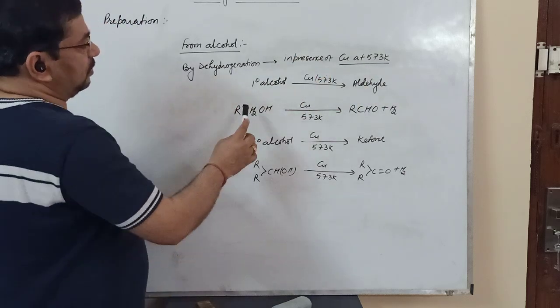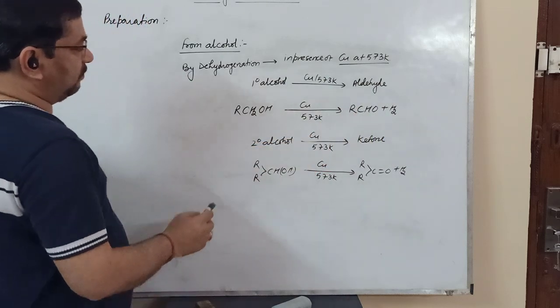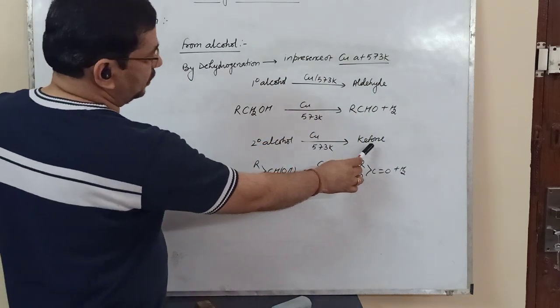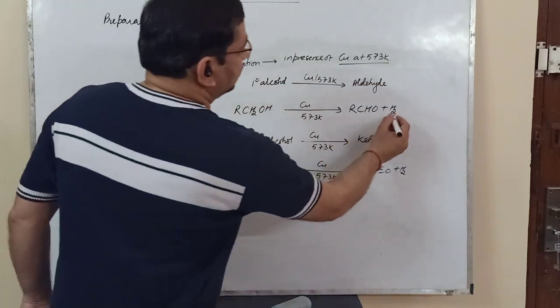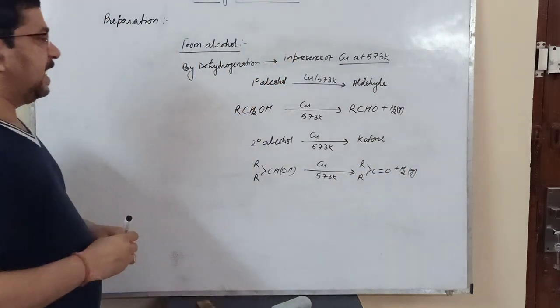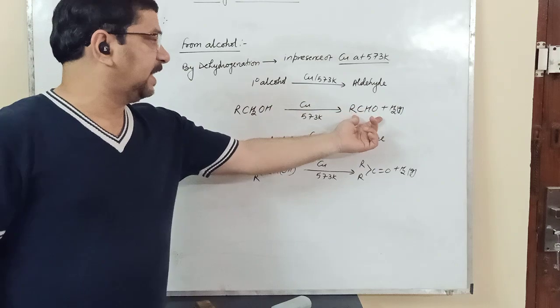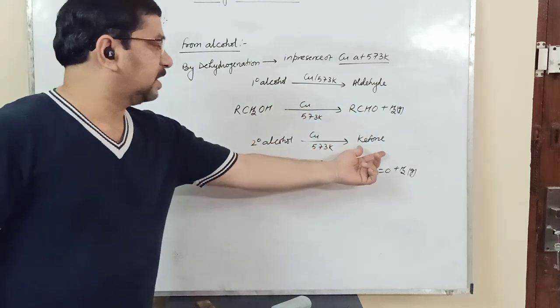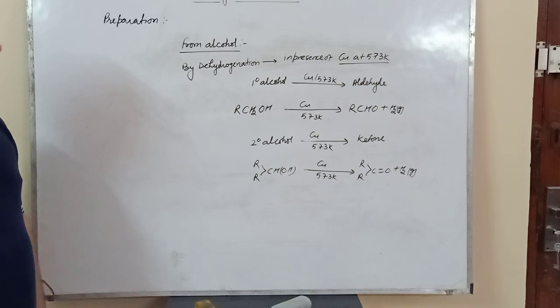In this also 1-degree alcohol gives aldehyde on removal of hydrogen, while 2-degree alcohol gives ketone. So we obtain aldehyde as well as ketone by dehydrogenation. This is the dehydrogenation of alcohol.